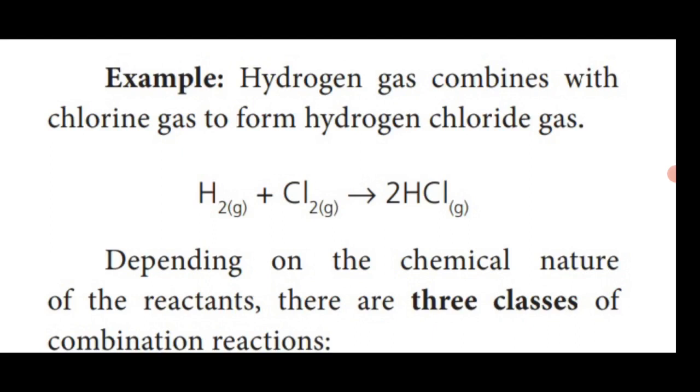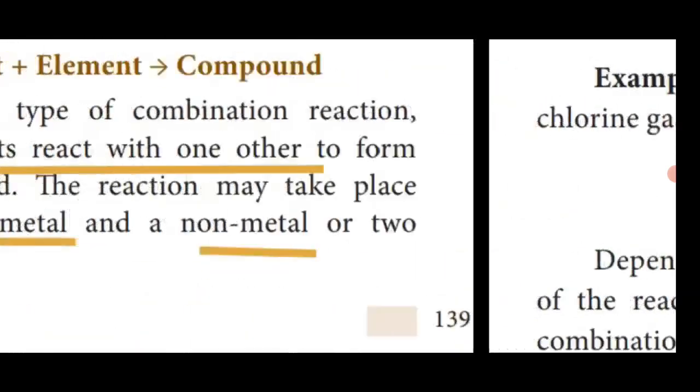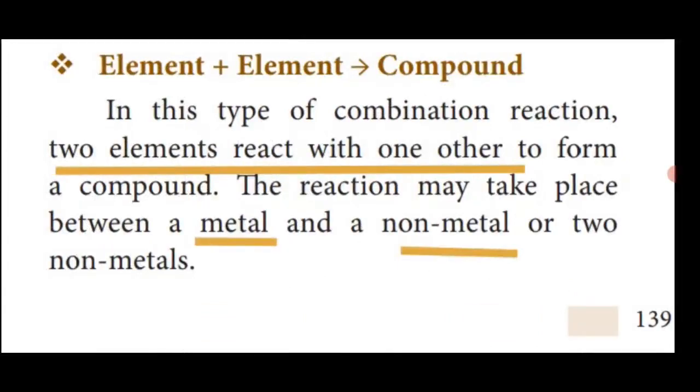Depending on the chemical nature of the reactants, there are three classes of combination reactions. So combination reaction is further classified into three types. One is element plus element gives compound reaction.